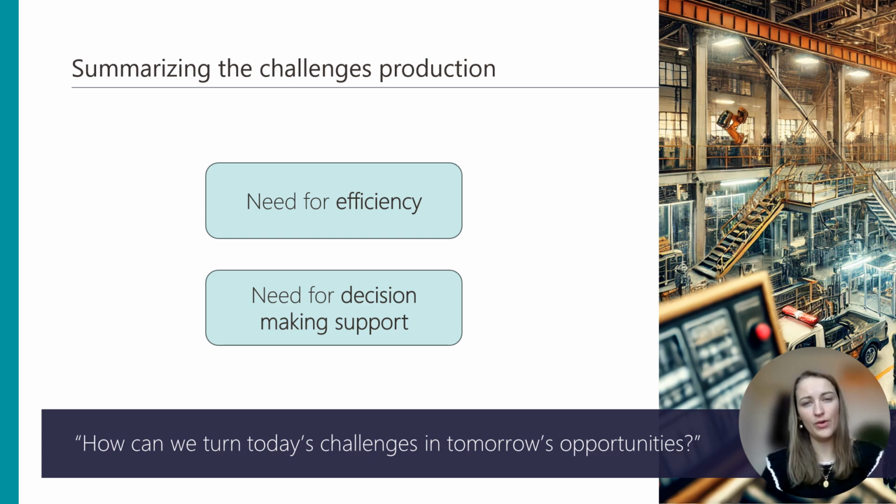And on the other hand, what we see happening is that, especially when you're doing some huge investments, companies need some decision-making support. So they need some assurance that they are doing the right thing, but also preventing that they are making some mistakes. So it can be either, or sometimes it's even both in one project. So it can be either improving the efficiency or some decision-making support.